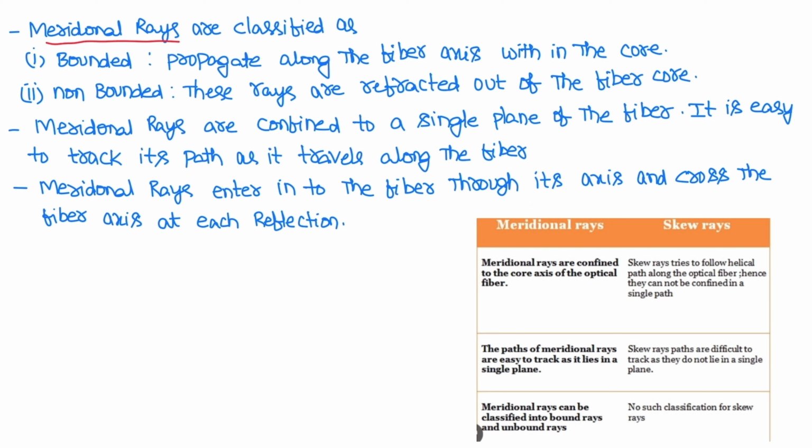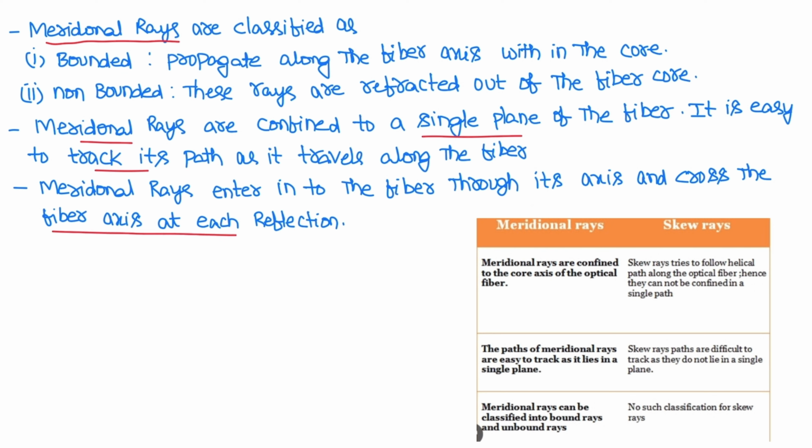Bounded meridional rays propagate along the fiber axis within the core. Non-bounded rays are refracted out of the fiber core. Meridional rays are confined to a single plane. It is easy to track their path as they travel along the fiber axis, whereas meridional rays enter the fiber through its axis and cross the fiber axis at each reflection.